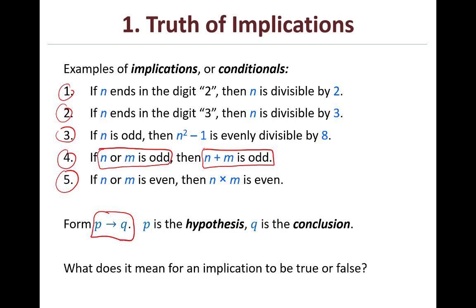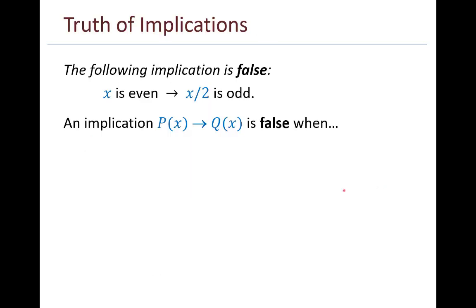So what does it mean for an implication to be true or false? Consider this. The following implication is false. x is even implies x over 2 is odd. Let's assume, to make things easy, x is an element of the integers. We're only focused on integer numbers here. Now, that's false.